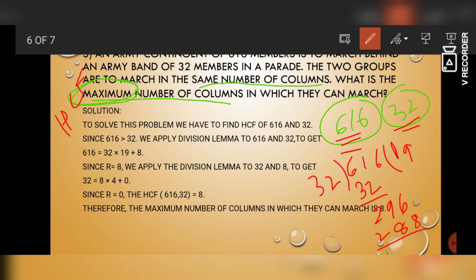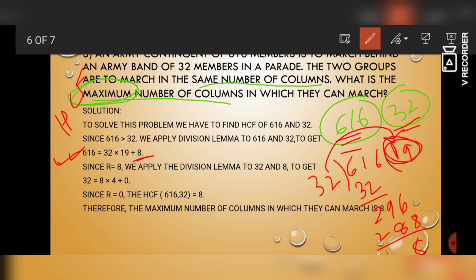On subtraction, we will get 8. So on applying Euclid's division lemma on 616 and 32, we can write 616 as 32 into 19 plus 8. Since the remainder is not equal to 0, we have to go one more time.